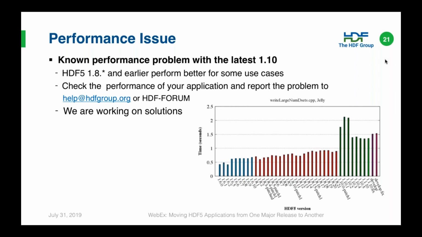So first of all, the performance problem with the latest 1.10. For some use cases, 1.8 and earlier versions perform better. This is an example we compiled with one of the use cases that creates a lot of small datasets, on the order of thousands. 1.6 performance was 4 times better than 1.10.2 performance.